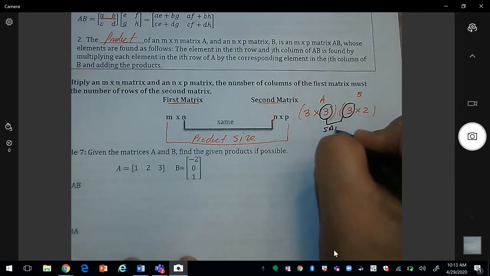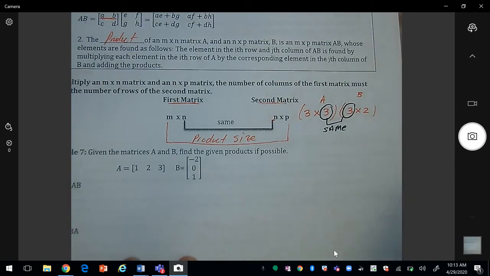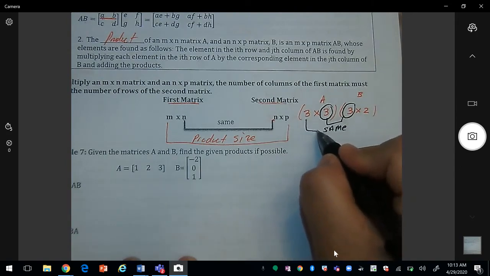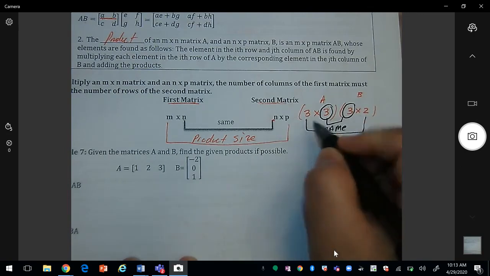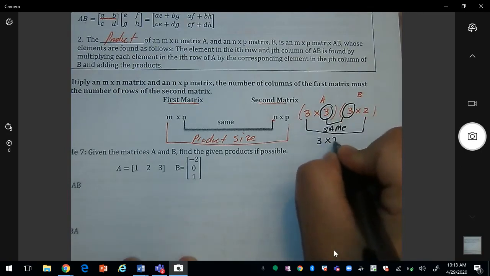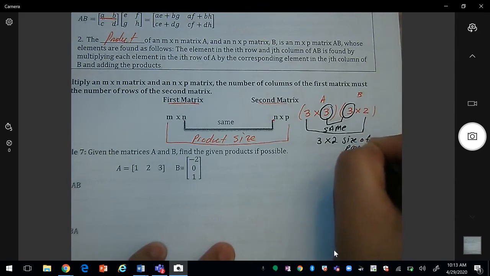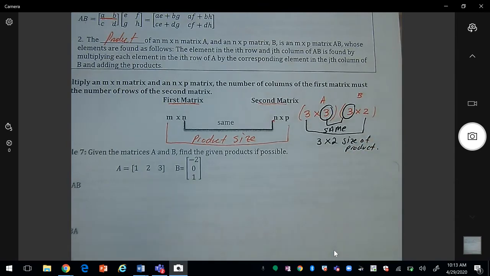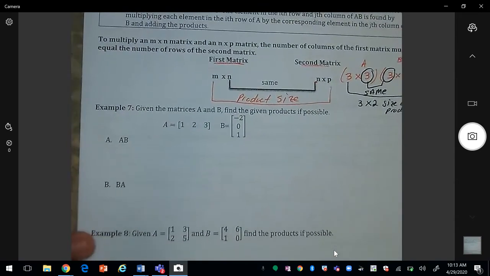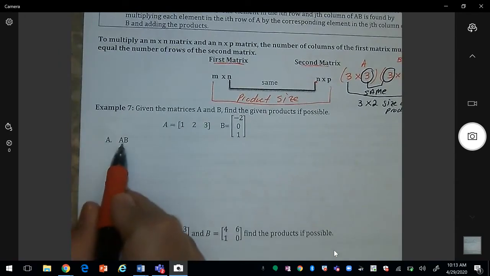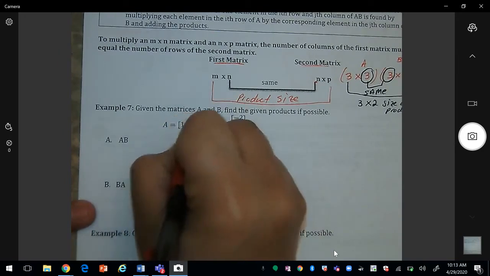If these are the same, then yes, we can multiply. The resulting two numbers here, that's going to be the new size of the product after you multiply.